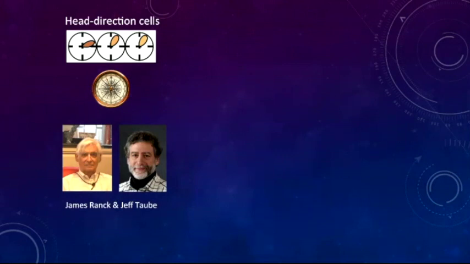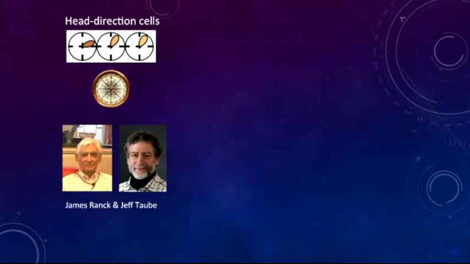So one essential signal in the navigation system is the compass, right? It's like a sailor in the open sea, or if you're in the middle of the desert: to navigate, you need a compass. And this information exists in the brain. It's amazing that it exists in the brain, and it's encoded by the so-called head direction cells.